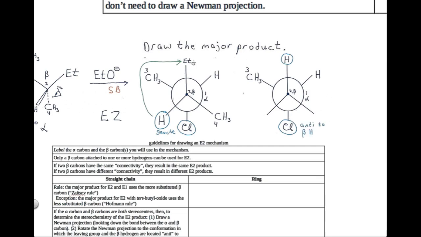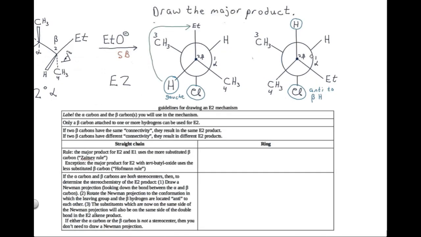Now when you make that rotation, the ethyl group also gets rotated 2 positions clockwise to this position. The ethyl group will end up over here, and carbon 4 will be rotated 2 positions clockwise to over here. Now we're ready to draw the E2 product because our leaving group and beta hydrogen are rotated anti to each other.